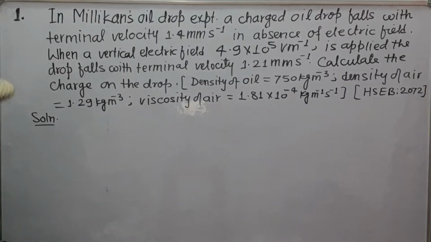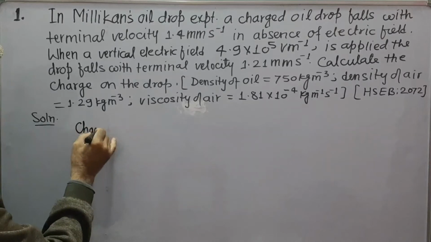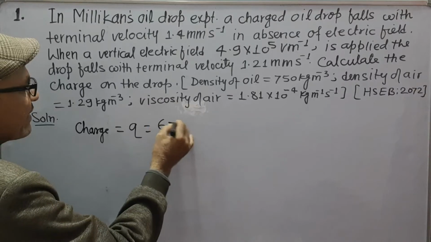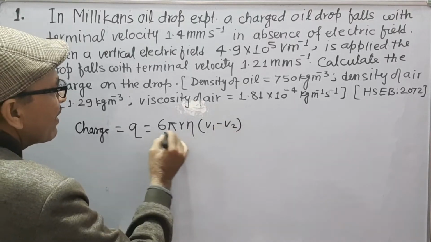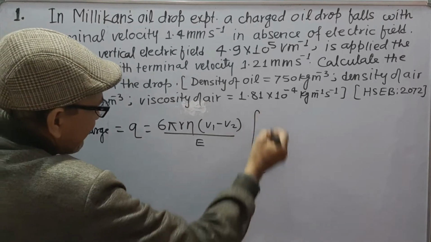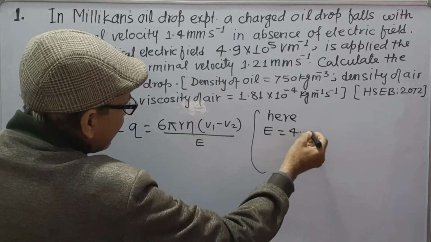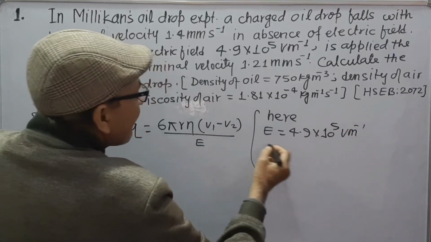Because the drop is falling downwards on the application of the electric field, the charge on the drop will be q = 6 pi R eta (V1 - V2) / E. Here E is given to be 4.9 x 10^5 volt per meter.